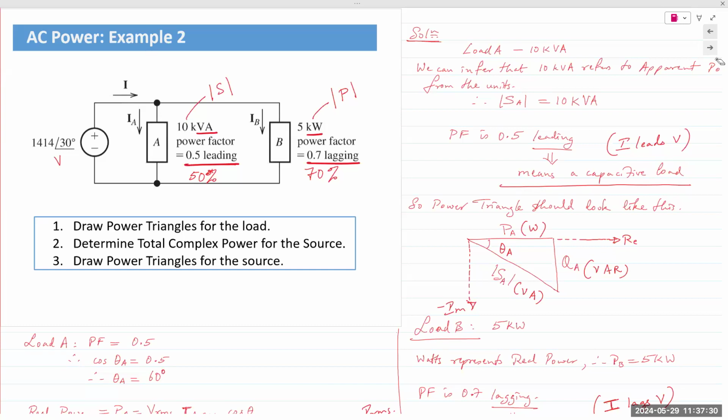Think on it for 10 seconds. If the power factor is 1, it means there is no reactive power in the system. For all other values of power factor, there is real power and there is reactive power.